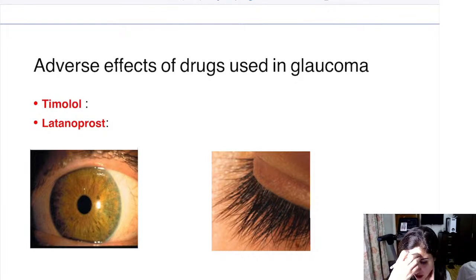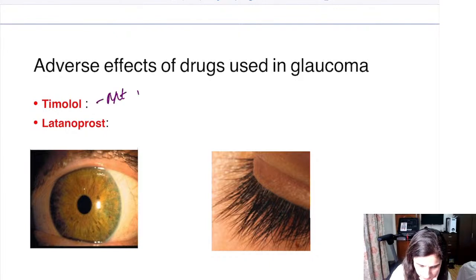ठीक है. So adverse effects of drugs used in glaucoma. They can precipitate asthma. ठीक है. And they can cause blepharoconjunctivitis.